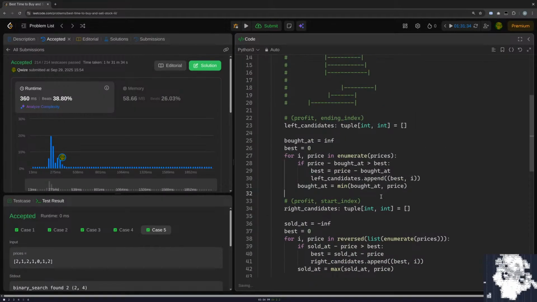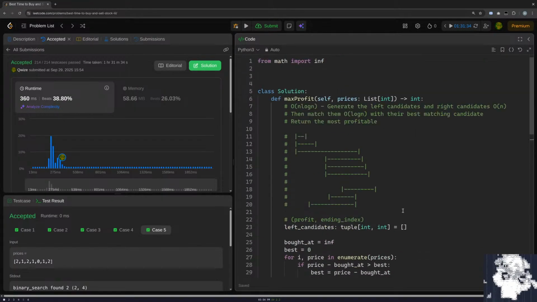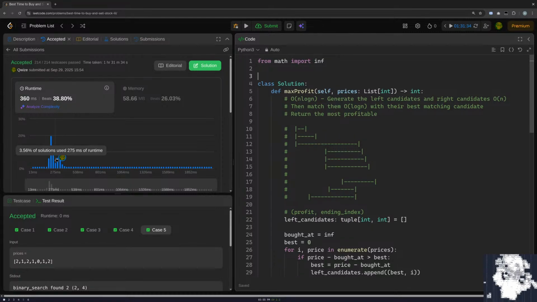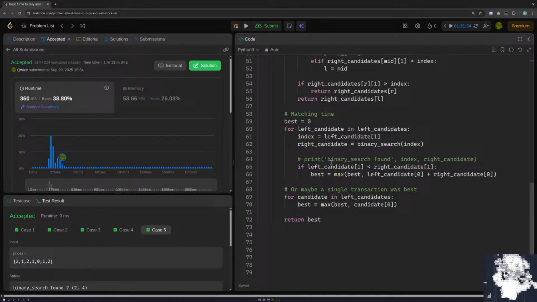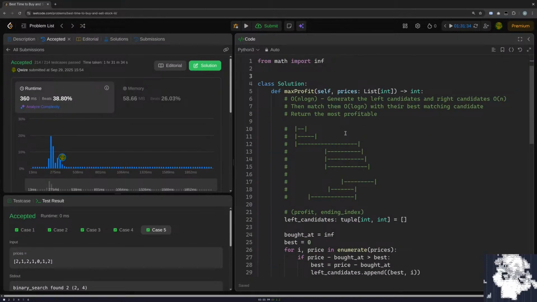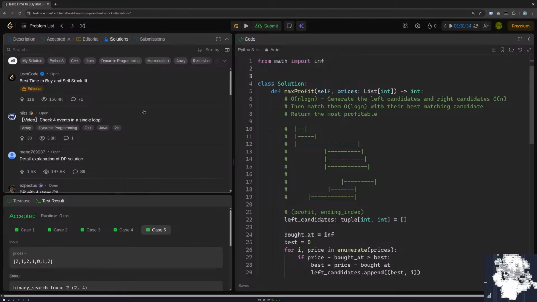I'll be curious to read people's answers. We're in the pack, you know, beat 38%. I have a feeling there's an O(n) way to do it, but we found this wacky O(n log n) way, which is pretty cool. All right, how did other people do this?